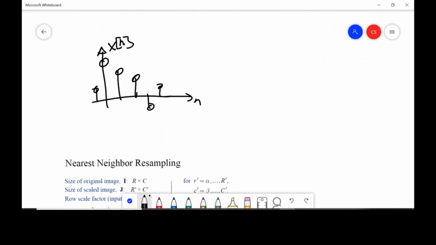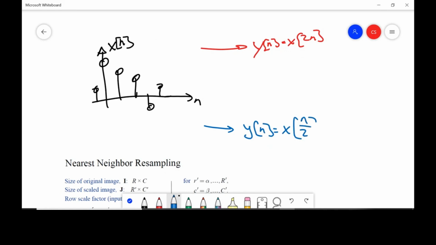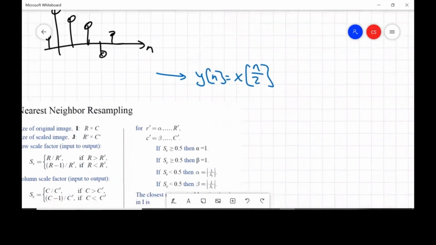Let's write the two, and then we'll make a drawing. Let's construct y of n, that is x of 2n. The other one is y of n, that is x of n over 2. Let's start with the first one, which is easier.